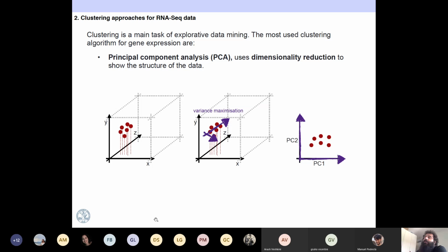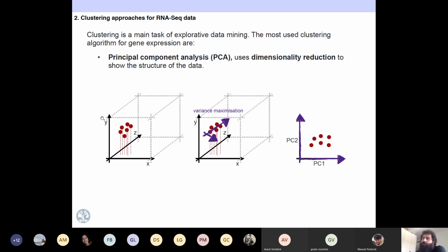Basically, what you do is reduce the dimensionality of the data based on its structure. Say you have three dimensions for your data points. You analyze your data points and try to look for variance maximization.